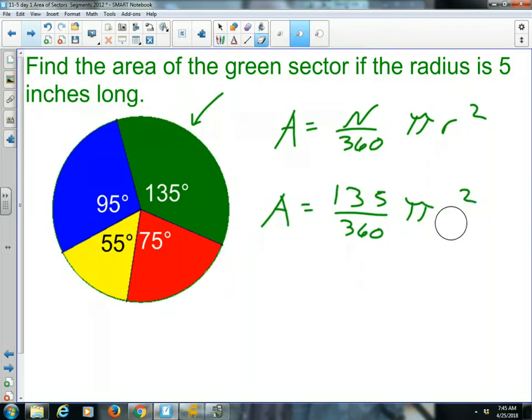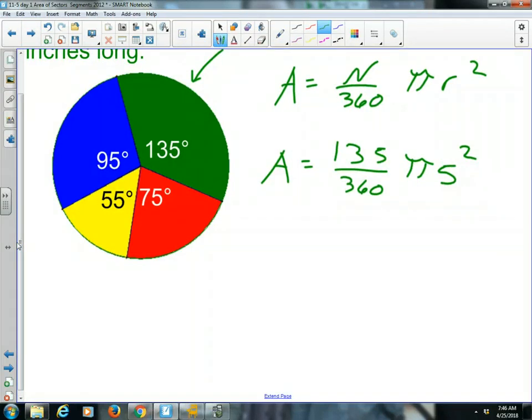And what's the radius? The radius is 5. We're going to write our answers in two different ways again. One is the exact answer, and then one way the approximate answer multiplying by pi. So 135 over 360, we multiply that by pi and multiply that by 25, right? Because 5 squared is 25.